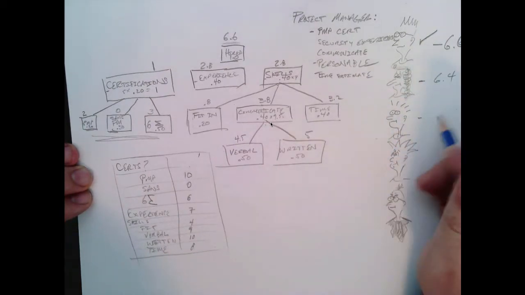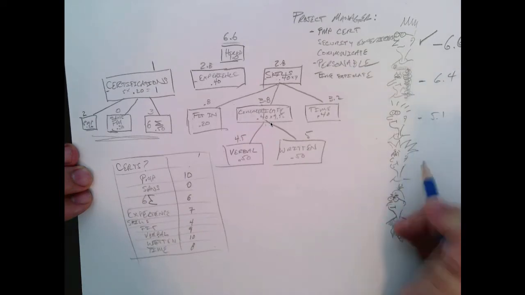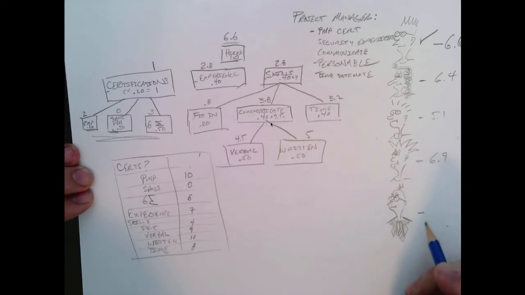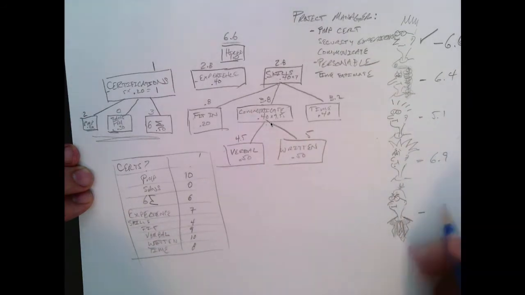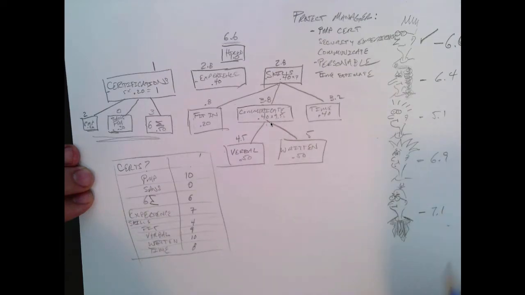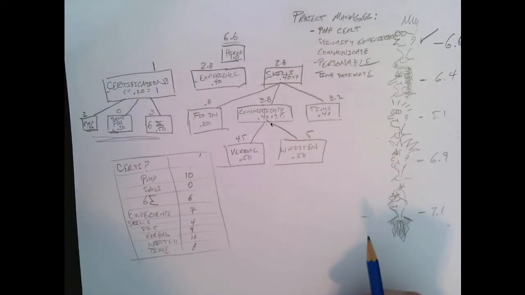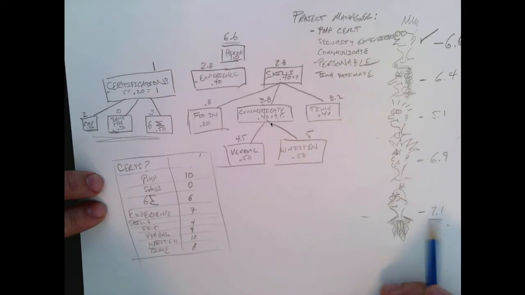This person here scores a 5.1. This person here scores a 6.9. And this person here, who perhaps we like the least, ends up scoring a 7.1. Well, that might mean that the person who we like the least, which frankly is often the way we react in hiring unless we have real established criteria, might actually be the most important or best fit for the job.